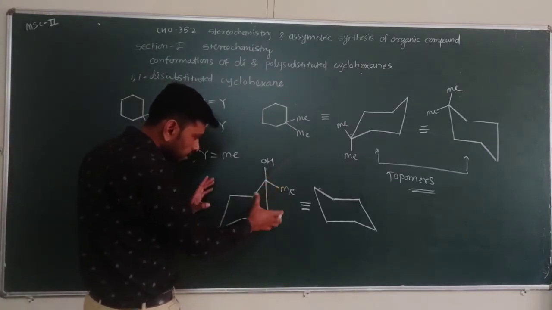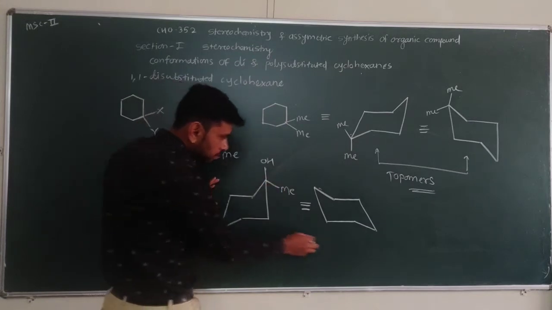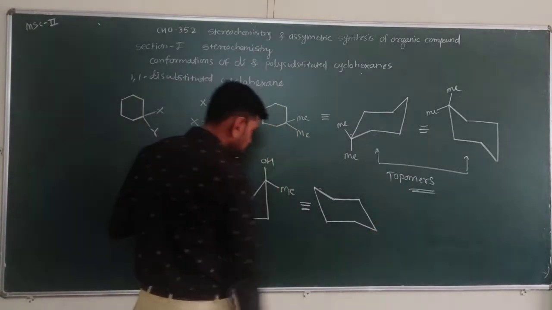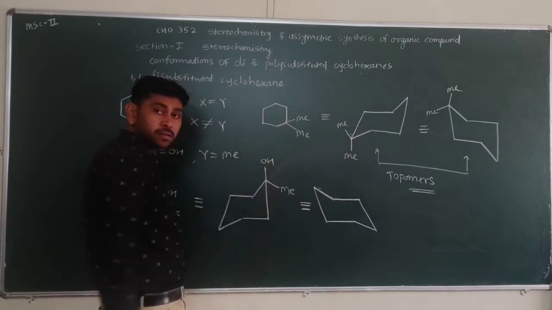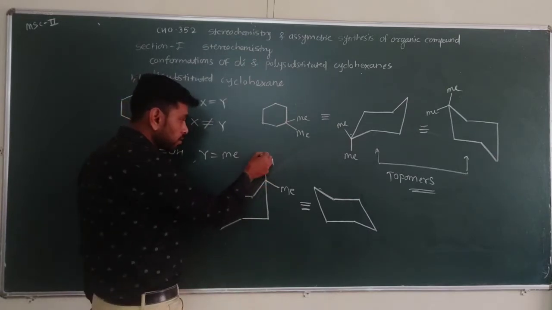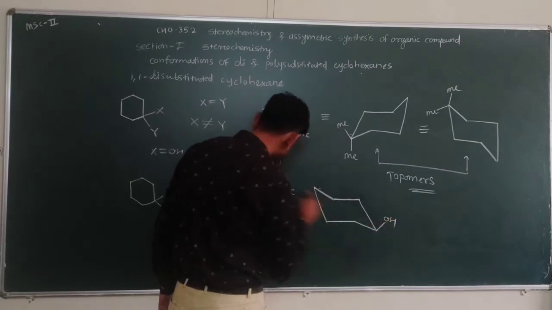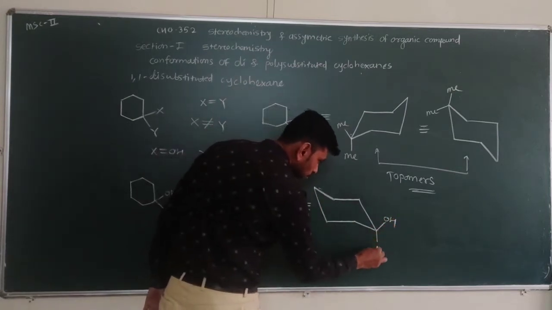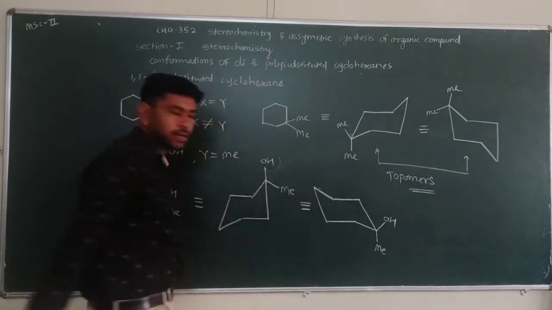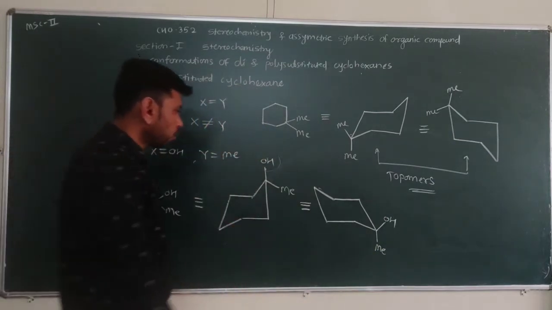When this ring gets flipped, this carbon is at this position where the OH group is at up position, so the OH group is at up position and the methyl group is at down position. So the methyl group is here at down position.